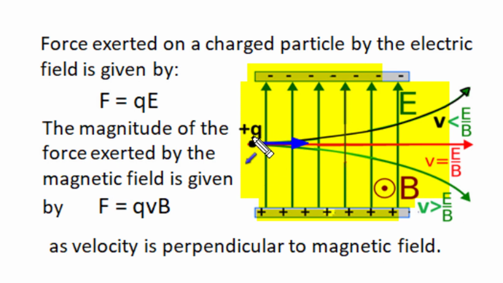Now this charged particle will experience force by electric field in the direction of electric field, in upward direction, and the magnitude of electric force is given as Q times the strength of electric field intensity, whereas the direction of magnetic force by magnetic field flux density is given by Fleming's left hand rule.